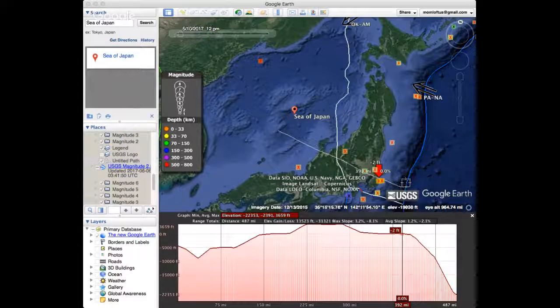Let me do one that goes from the trench to the Sea of Japan, just with those two again. Out to seafloor again. Make that one that color so you can see it.